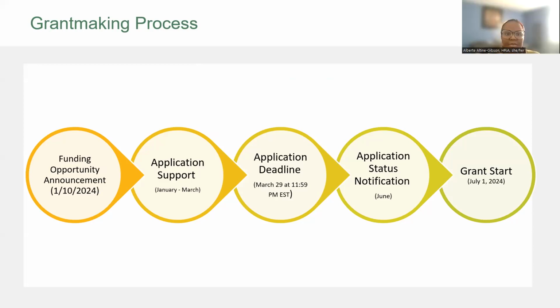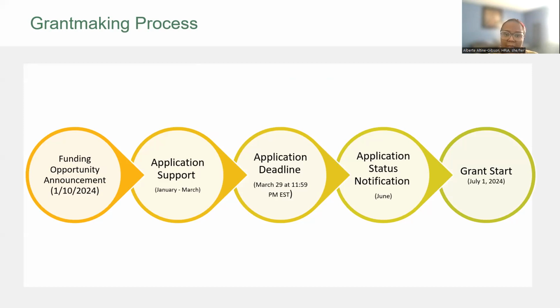Hi, everyone. Just very briefly, folks who have attended the webinar and some other office hours already know this information, but again, wanting to emphasize that the funding opportunity announcement was made last week. And so from January on to March, we're going to continue with some application support spaces.